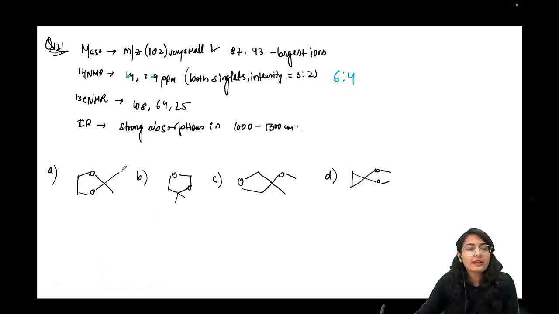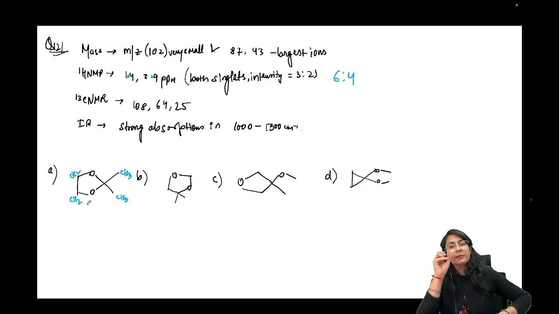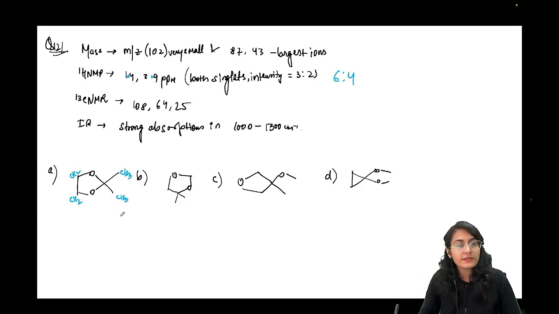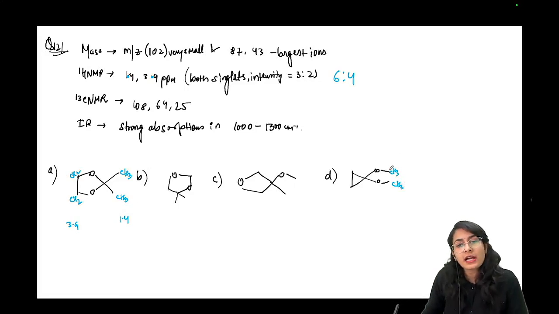There are methyls and there are CH2s. Okay, methyl is given to be 1.4 and this one is given to be 3.9, which exactly suits the question. Here also you will say, ma'am, here also it suits the question, yes, the 3.9 value is given.